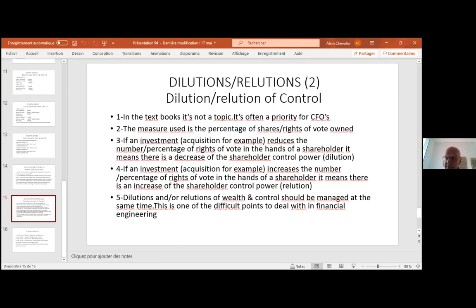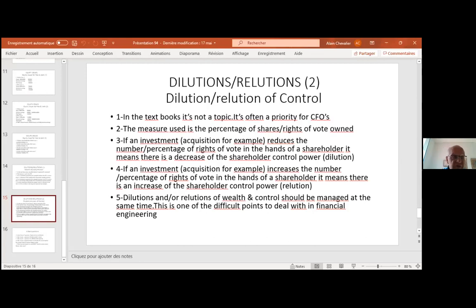That means CFOs are dealing with and managing at the same time the dilution and evolution of wealth, and the dilution and evolution of control. And what is the measure of the dilution and evolution of control? We know that for wealth, it is mainly the earnings per share. For control, it is the percentage of shares or rights of vote which is owned.